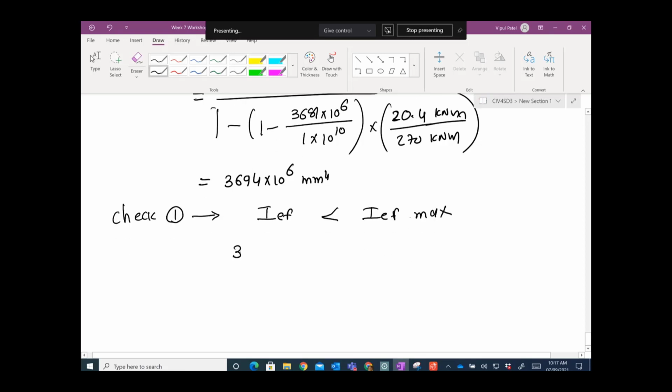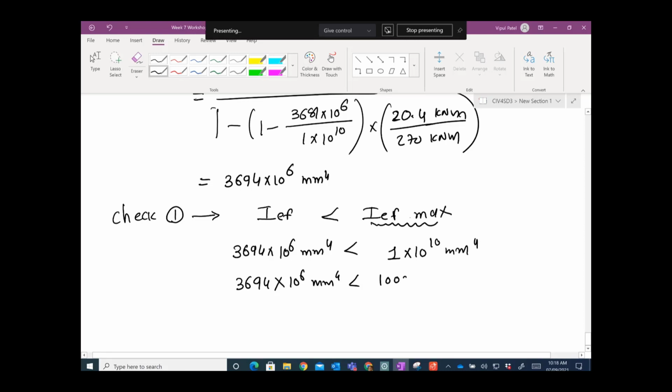Now I effective we have 3694 times 10 raised to 6 millimeter to the power 4, and this is basically your gross moment of inertia, 1 times 10 raised to the power 10 millimeter to the power 4. To make a meaningful comparison, we can make it 10 to the power 6.